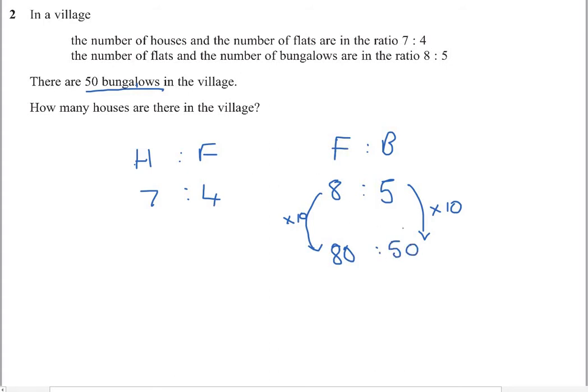So now we know how many flats there are in the village, 80, which means we need to make this into 80 by timesing by 20. But that means we also need to times the number of houses by 20. And so we see that the number of houses is 140.